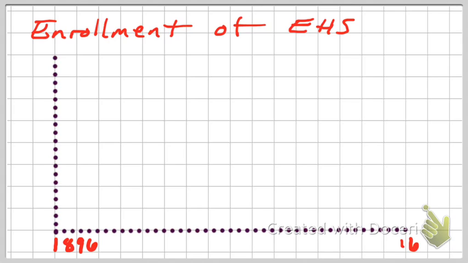I'm going to show you some graphs, and I want you to tell me if it is a possible graph that would show the trend of Eureka High School's enrollment, the number of kids in the school, from 1896 to 2016. All right, here we go. Could that be a possible graph for the enrollment of Eureka High School?